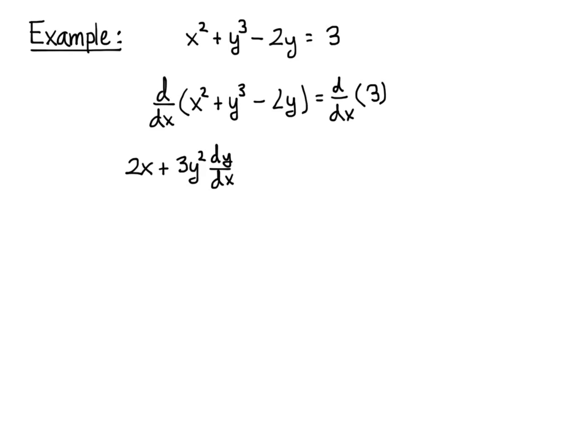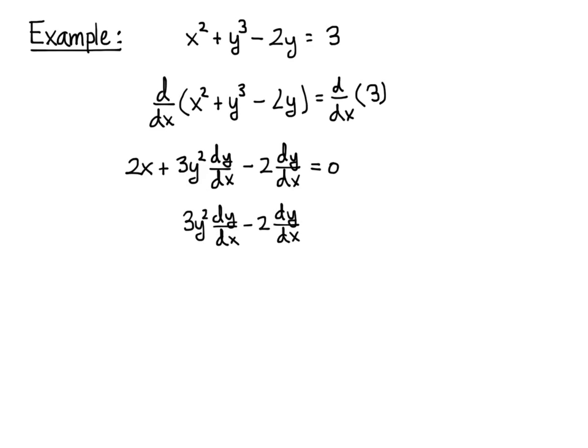The derivative of y cubed is going to be 3y squared, that's the chain rule, the outer function. The derivative of the inner function y is just dy dx. And then we take the derivative of negative 2y, so we have negative 2 as a coefficient, and the derivative of y is dy dx.